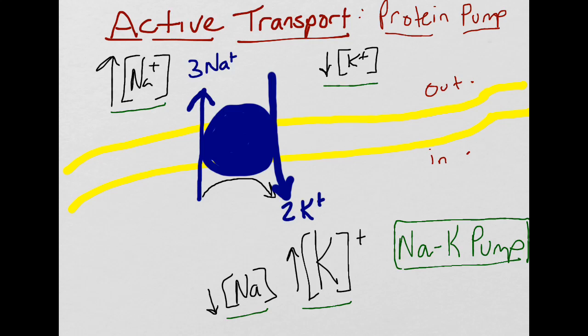Okay, 3 sodium out, 2 potassium in. Just think of it like a little pump, like a sump pump in your basement that's pumping water out. This one just happens to pump in both directions. It pumps sodium out and pumps potassium in.